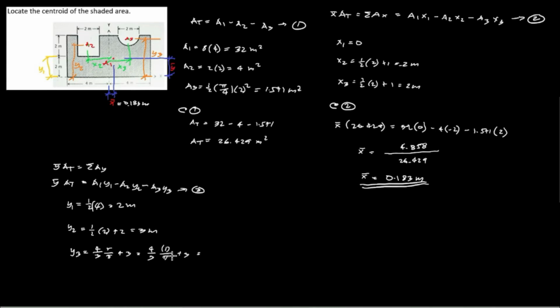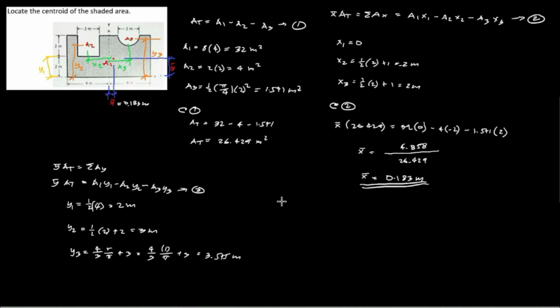So y sub 3, 4 times 1 all over 3 pi plus 3, is equivalent to 3.575 meters.